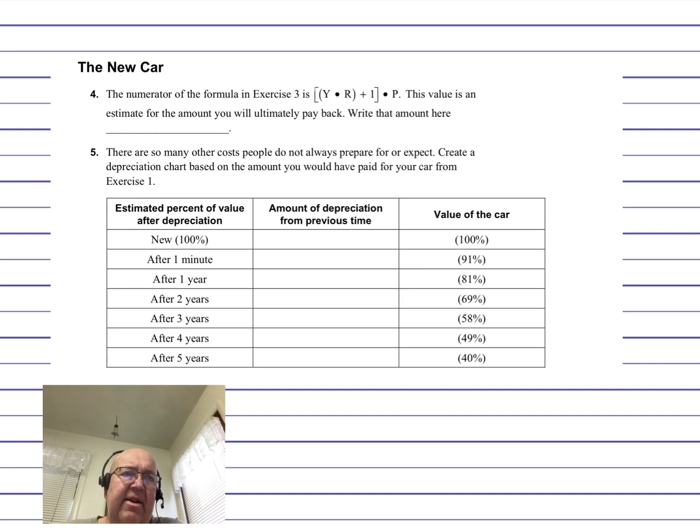So to find that next value, you're going to convert 91% into a decimal and multiply by the new cost, and that will be your value after 1 minute. You're going to repeat that process with the last value that you have times 0.91 for each year. So after 1 year, it's going to be 0.91 times the previous value, and you'll keep doing that as you go.